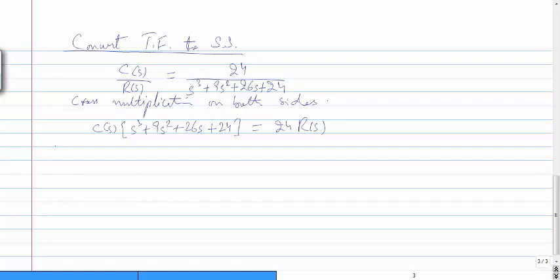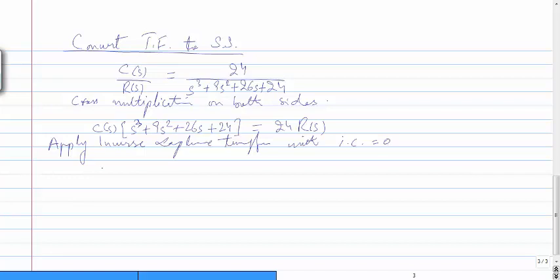After that, apply the inverse Laplace transform. When we do that, s cube represents the third derivative, as we know, and the initial conditions are 0.